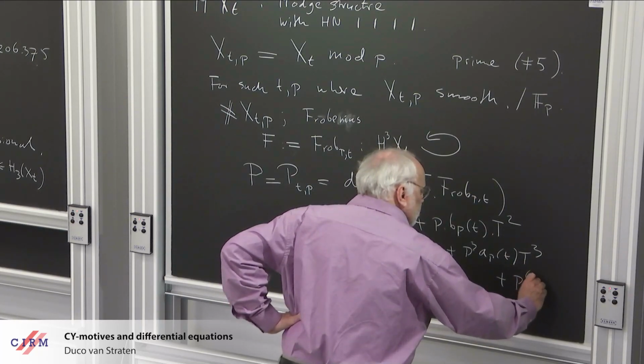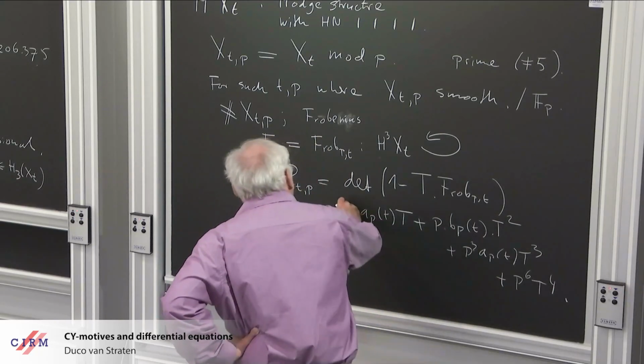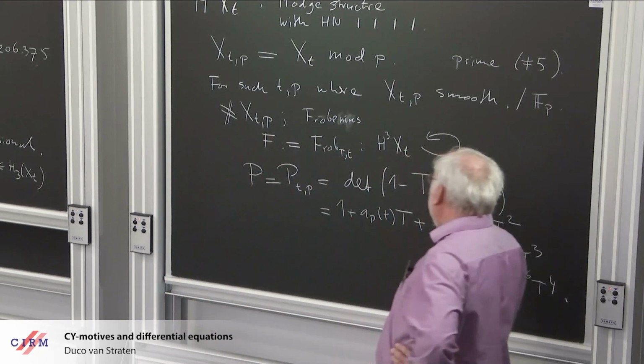So this is the characteristic polynomial of the Frobenius.